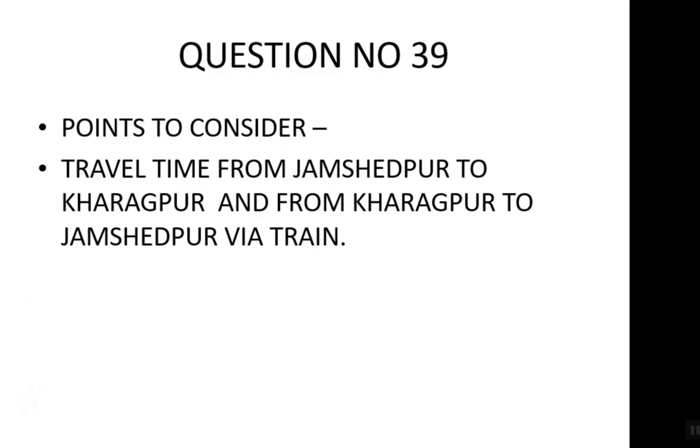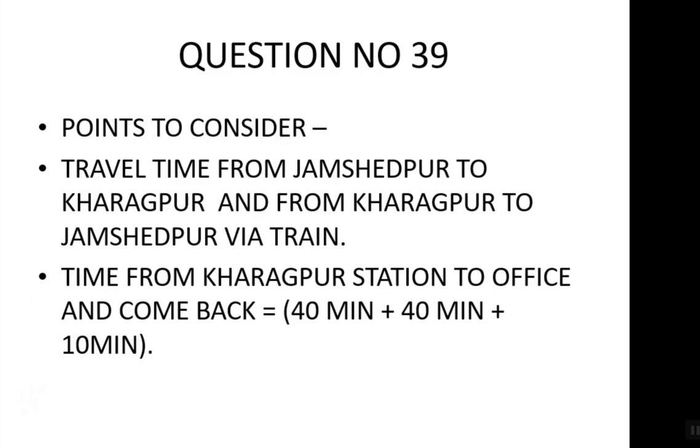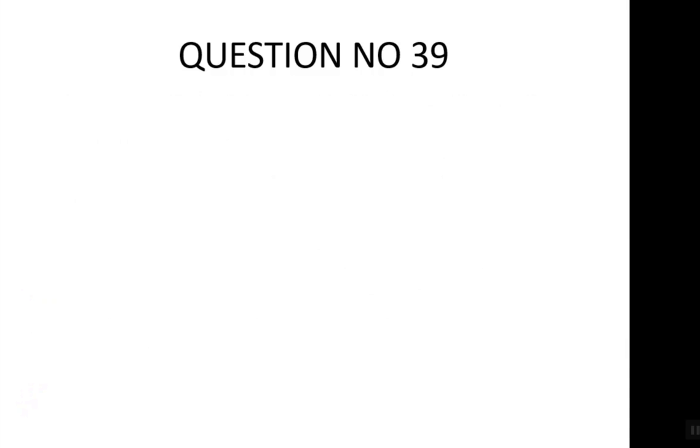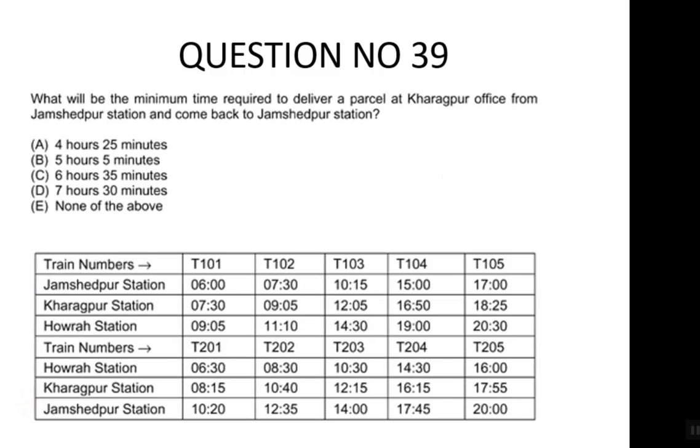Also, the time from Kharagpur station to the office and coming back, that is 40 minutes plus 40 minutes plus 10 minutes, which is 1.5 hours, should be considered. Now, if you look at this table, the timings of the trains are fixed. Then why will they ask about the minimum possible time? We have to understand how to optimize this time.